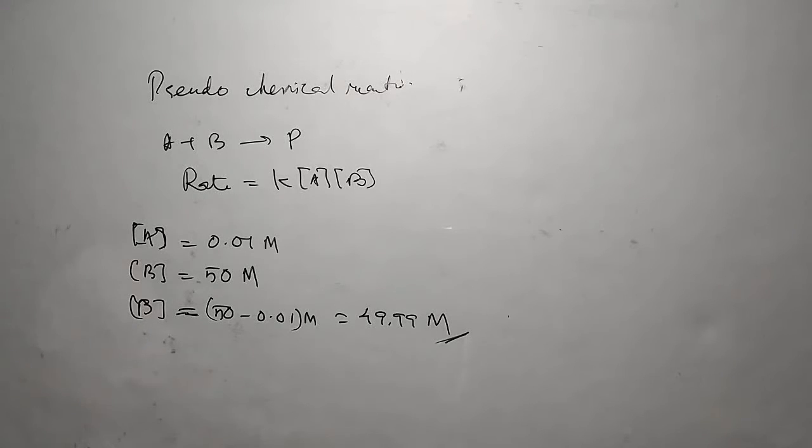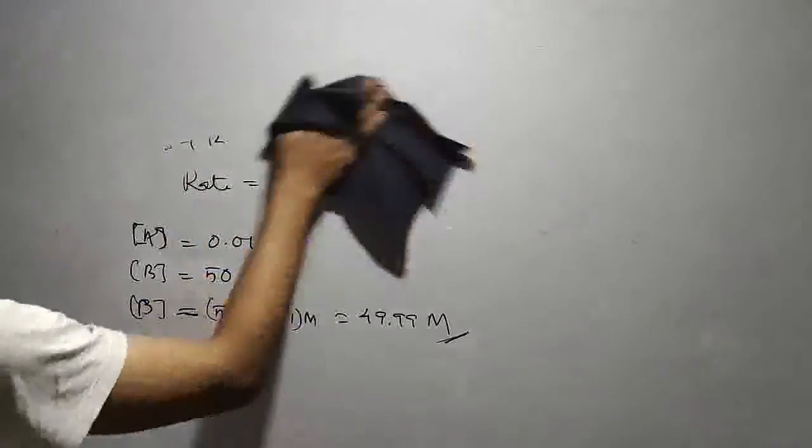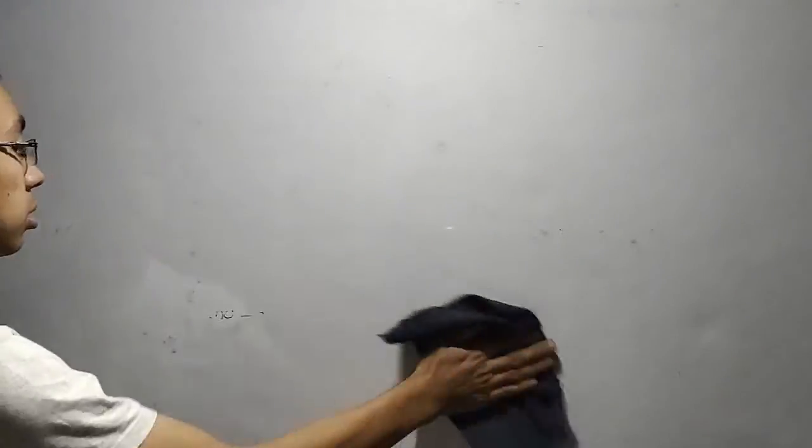Now the next topic is collision theory. It explains the formation of the product. When the molecules of the reactants collide, only then will there be a reaction.